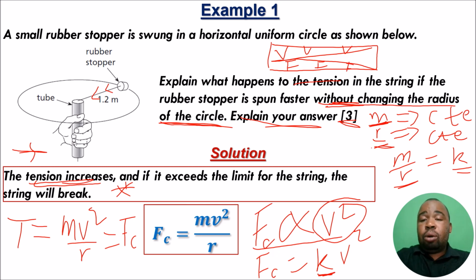It's getting smaller. As the V is getting bigger from right to left, F will be getting bigger from right to left. So we can safely say the centripetal force, which is the tension, is directly proportional to the square of the velocity. Hence, if you increase the velocity, we expect the tension to increase.